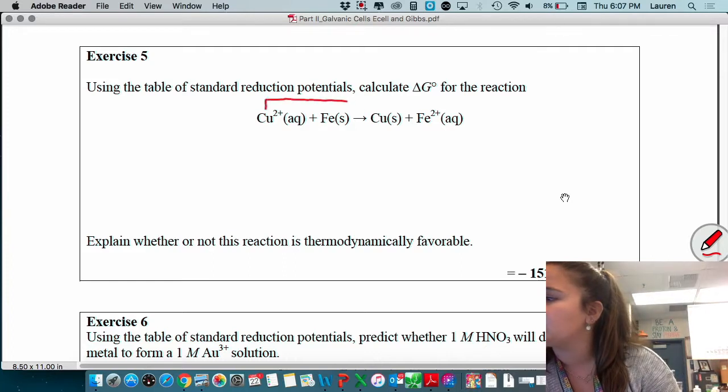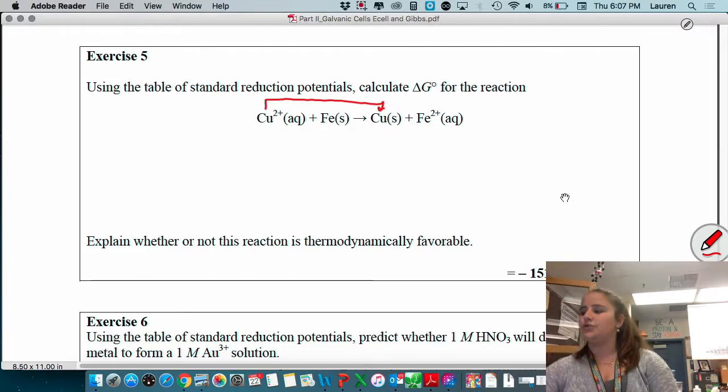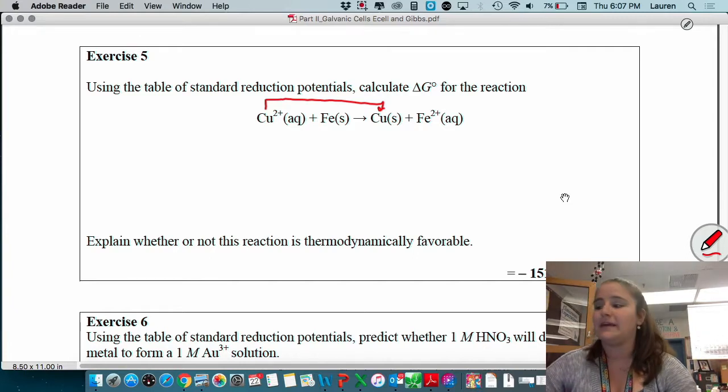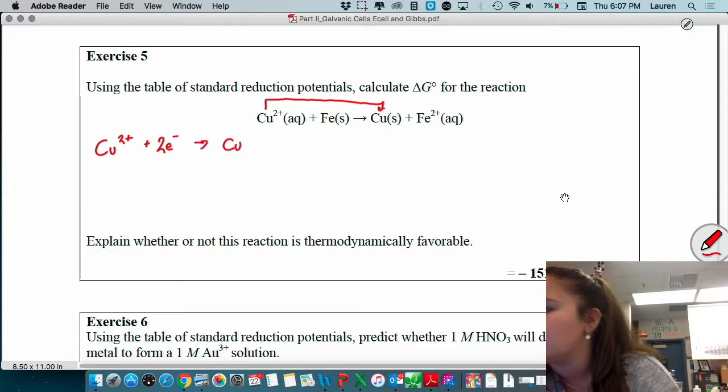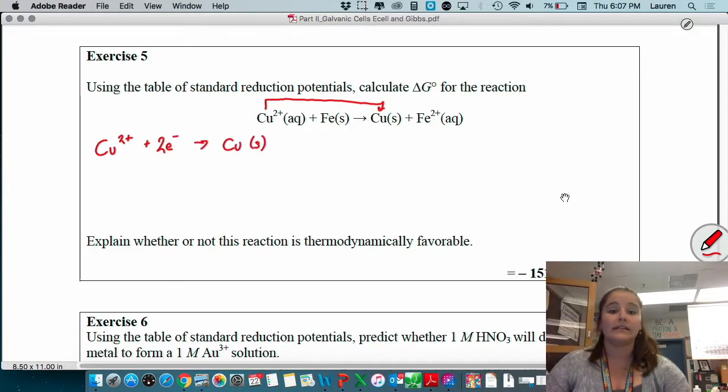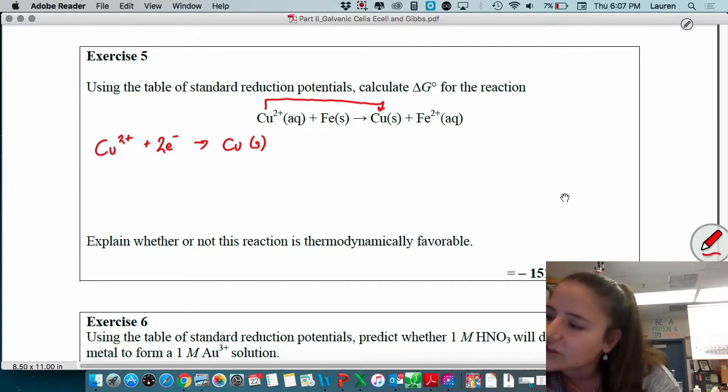We have our copper 2+ turning into copper solid, so it must be gaining electrons. Cu2+ plus 2 electrons turning into copper solid. That is a reduction, because it's gaining electrons.